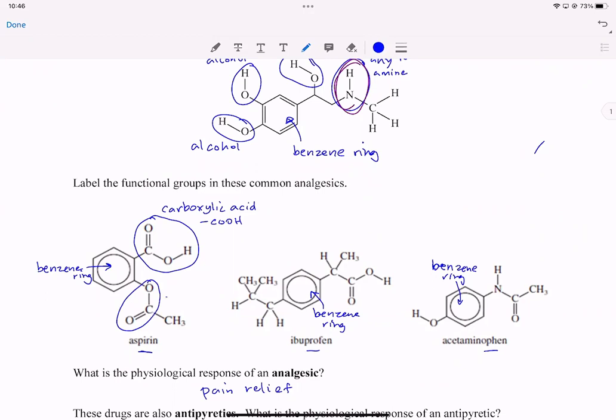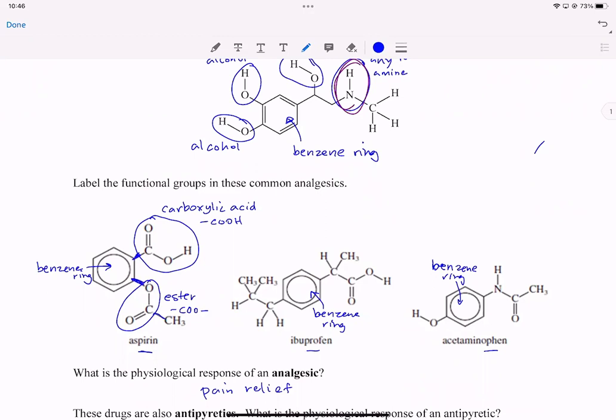That's called the ester group. And that's a COO, and that's in the middle of a carbon chain. So there's carbons on either side of the oxygen, and the other side of the ester, the carbon with the double bond oxygen. So you can see that on this benzene ring, there are two functional groups nearby.